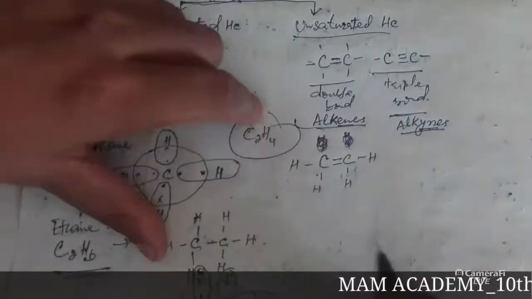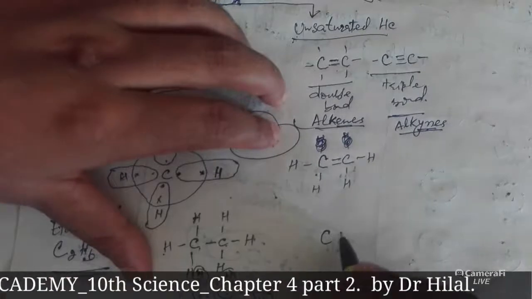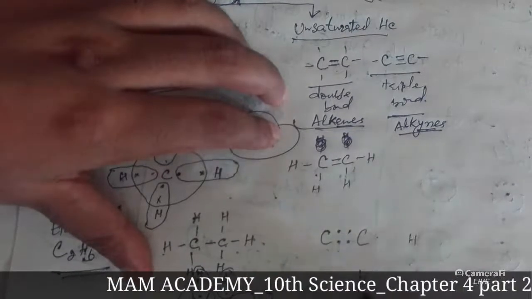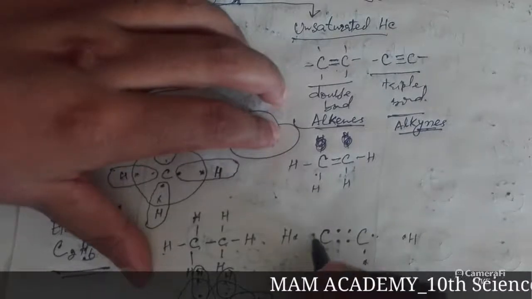So what will be the electron dot structure? It is simple. We can have 1 2 3 4, 2 carbons. This is the double bond here, this is carbon, and this is one hydrogen, this is one more hydrogen, here one more hydrogen, here one more. This is the electron of this hydrogen. These are the electrons which each carbon will share.